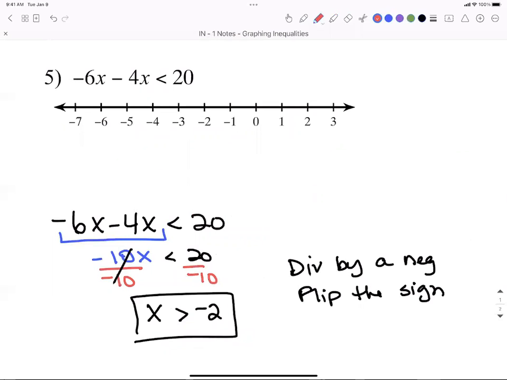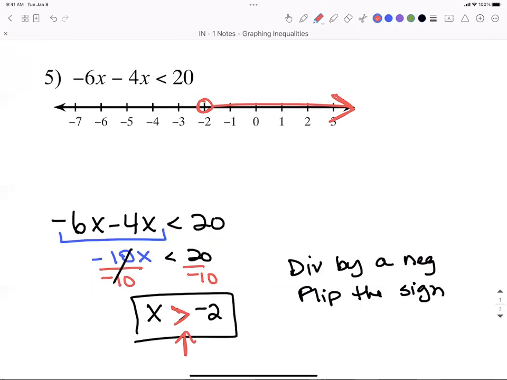Anybody? Open. So over the -2, I'm going to put an open circle because this is just a greater than. And my arrow is pointing forward, so my shading needs to go forward, and my arrow needs to go forward. Notice I'm putting an arrow because it's unending in that direction. It's not including -2.